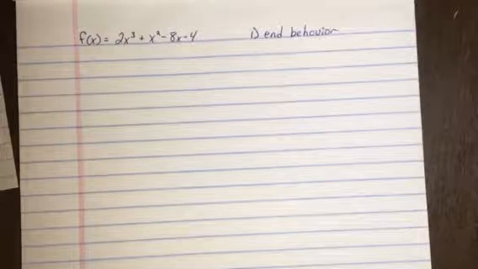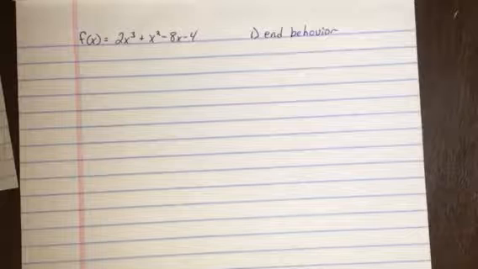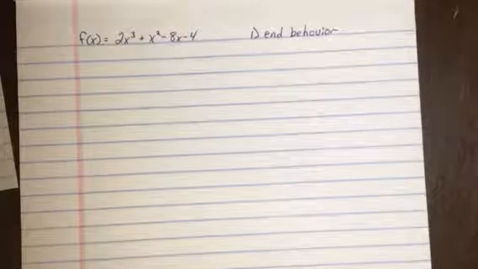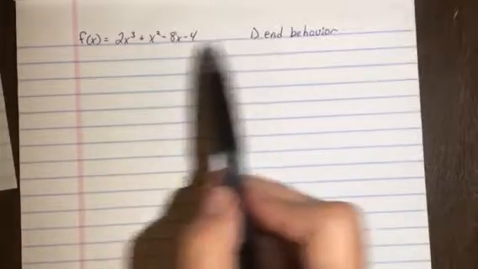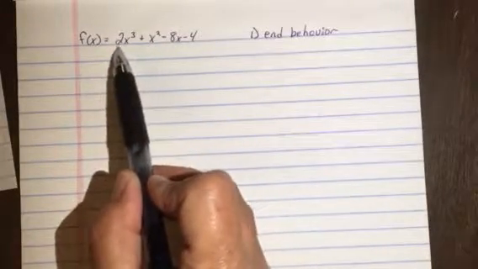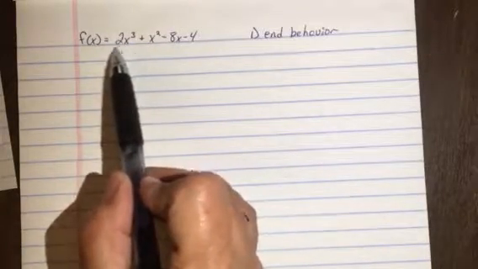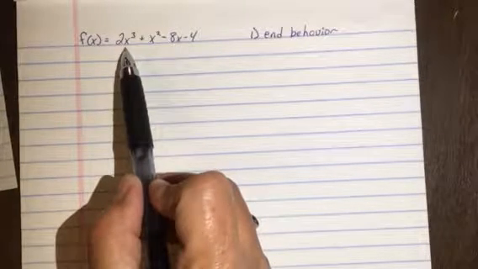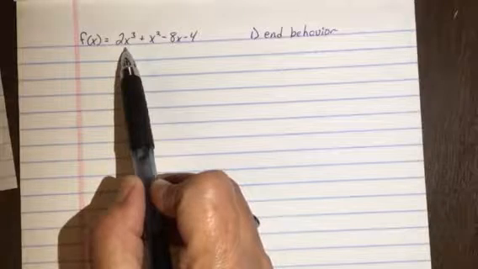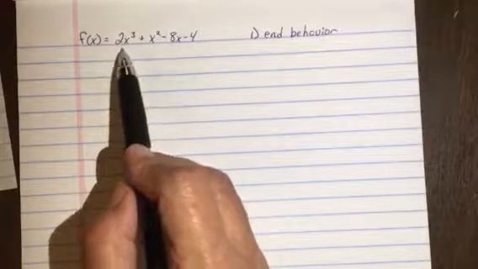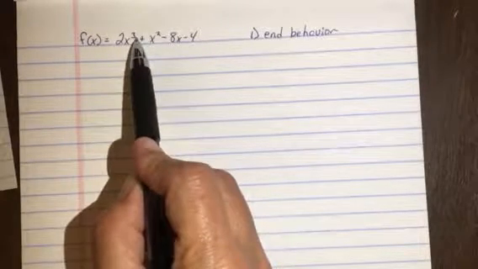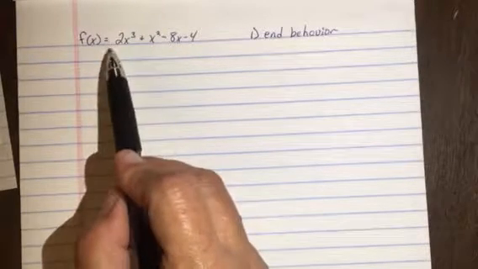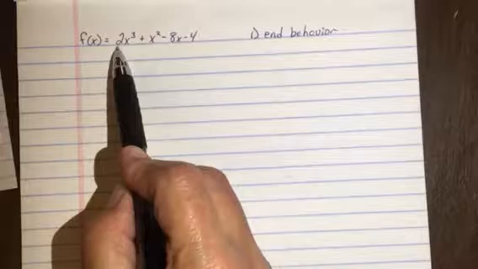All right, let's graph one from the start to finish. First thing we need to look at is end behavior. End behavior starts with my leading term, which is 2x cubed. 2x cubed tells me I have odd degree, positive.